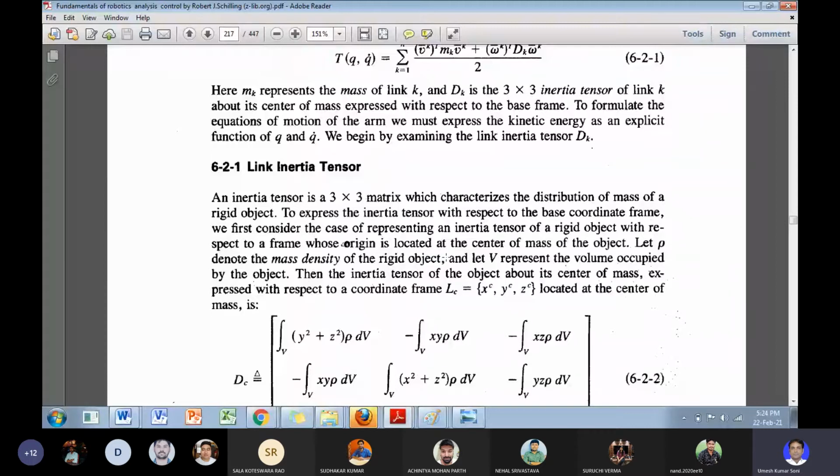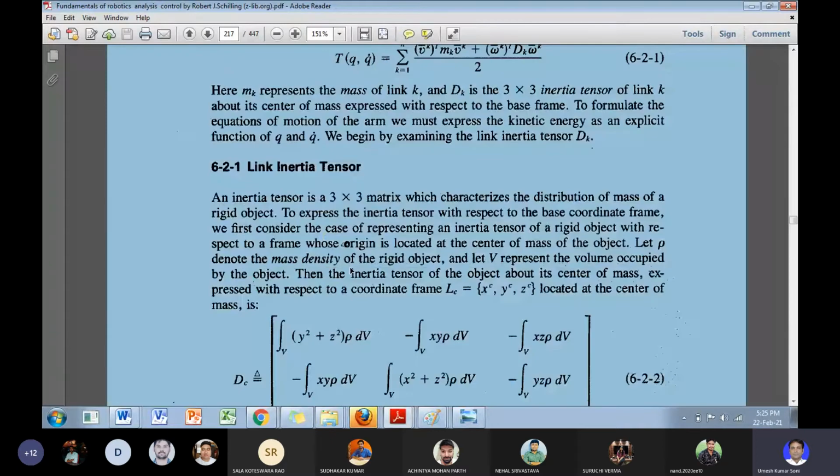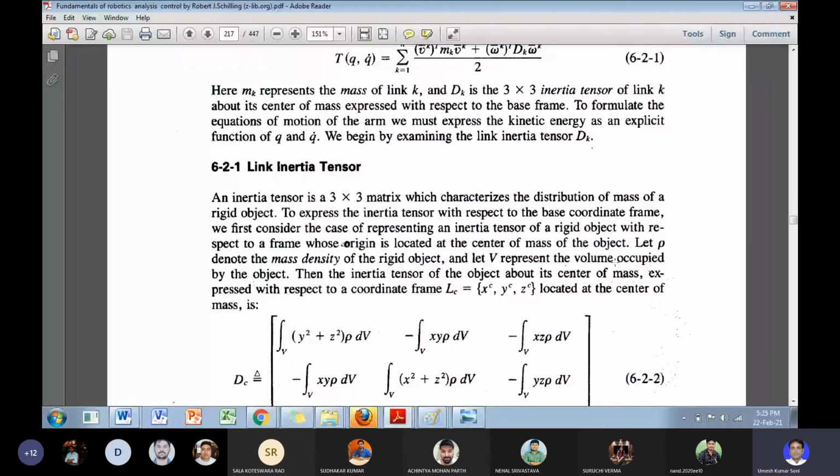So let's assume the mass density of the rigid body is rho, and v is the volume. So the total mass of the link will be rho into v.